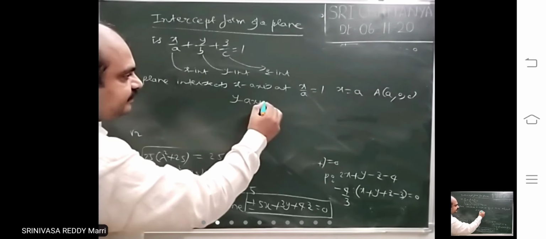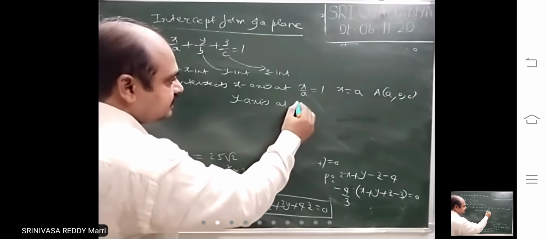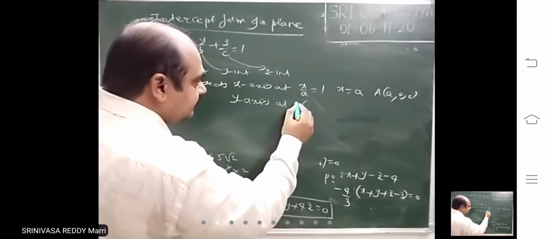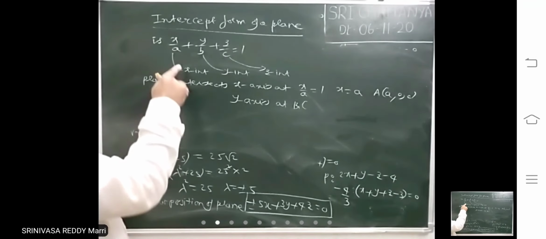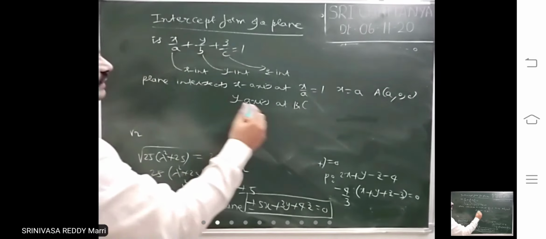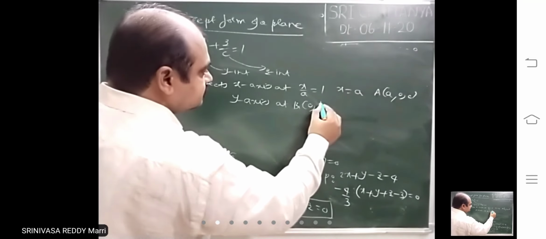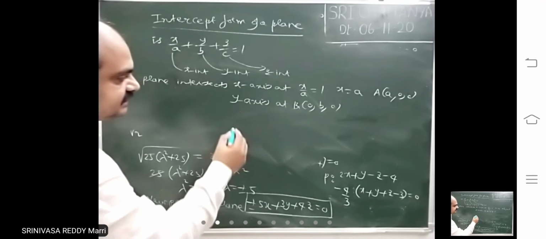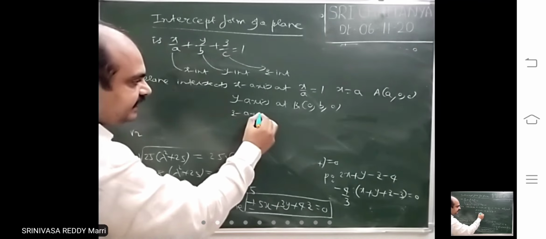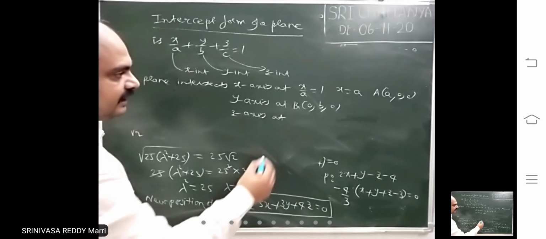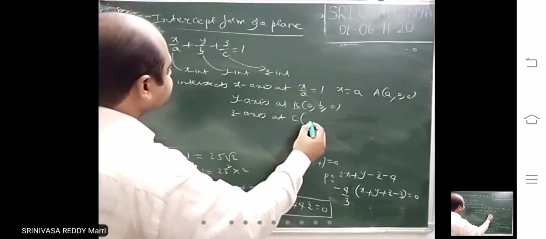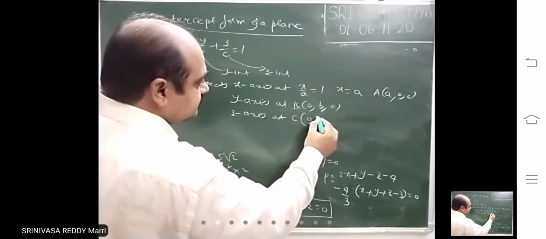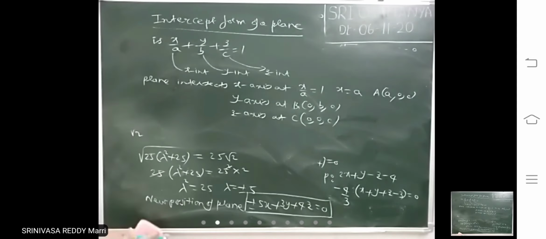Similarly, the y-axis at b. For the y-axis you put x equal to 0, z equal to 0, so (0, b, 0). Next, it intersects the z-axis at c, (0, 0, c).